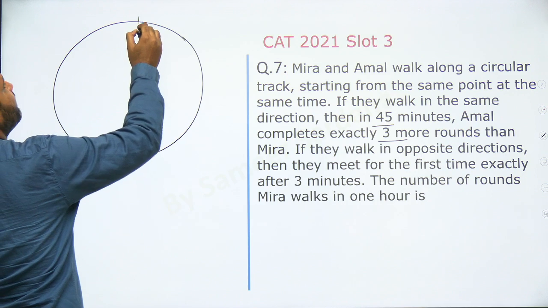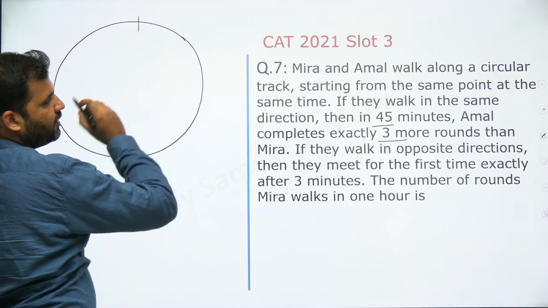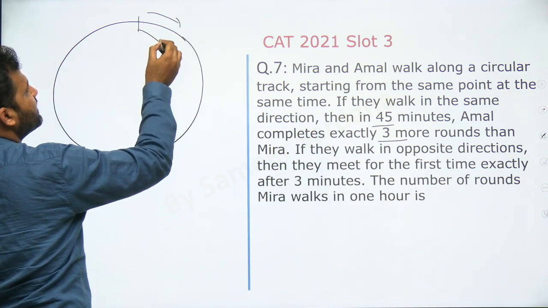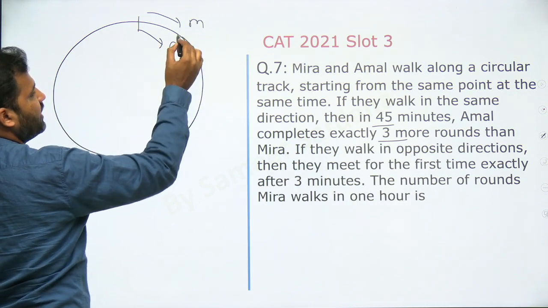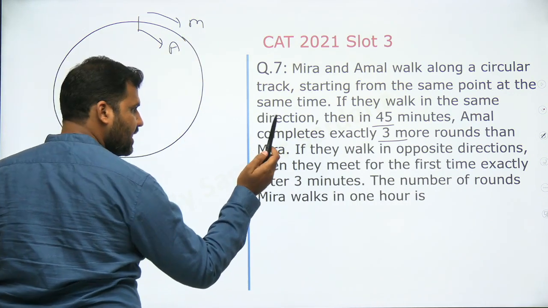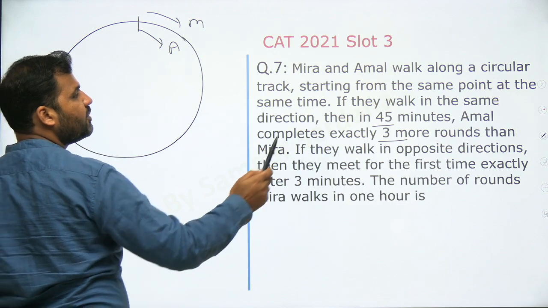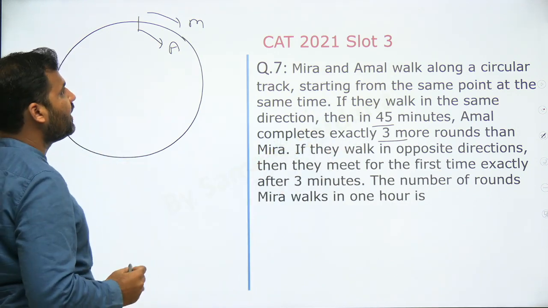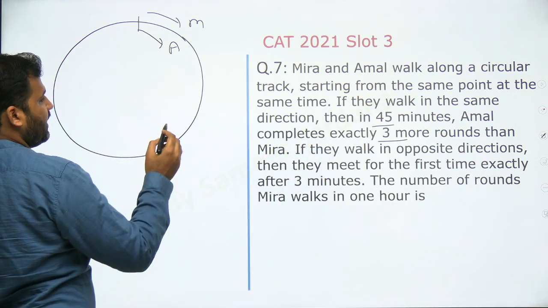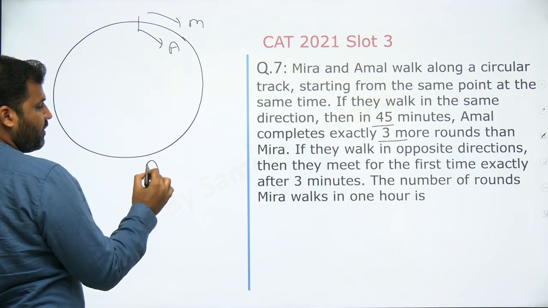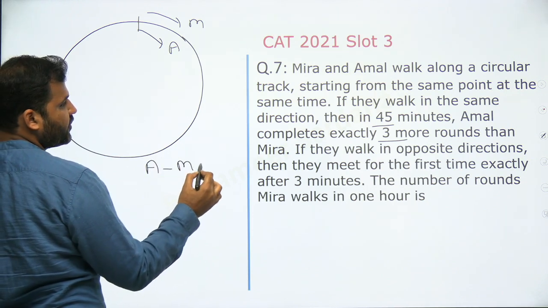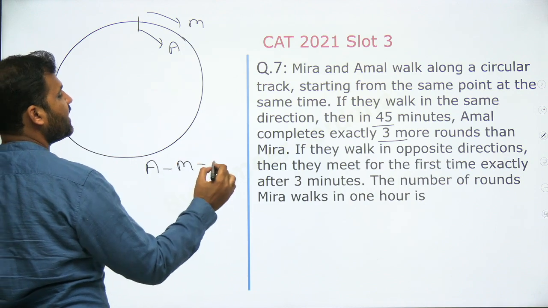Question says, if Meera and Amal both are moving in the same direction, right, the number of rounds taken by Amal will be 3 more rounds than Meera. So the number of rounds of Amal minus number of rounds of Meera is equal to 3.